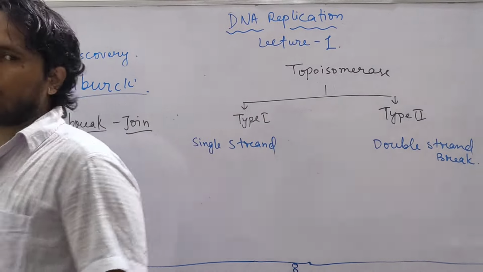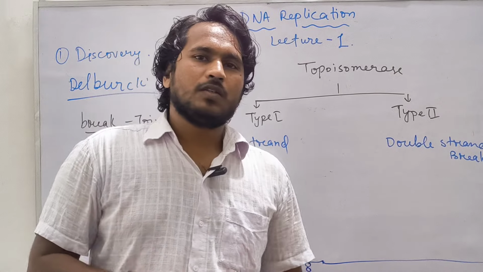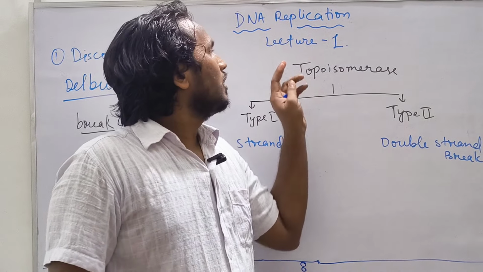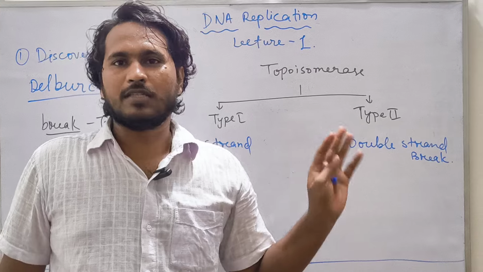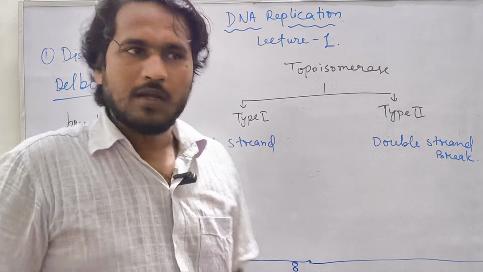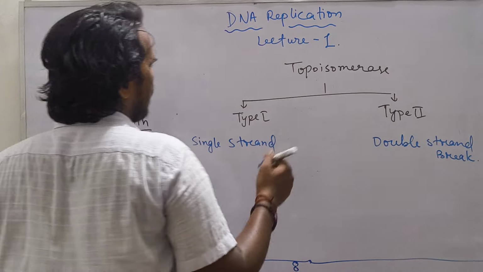Now I am going to give you one important question. In which phase of the cell cycle is topoisomerase involved? Suppose, okay, in which phase of the cell cycle will topoisomerase be involved?